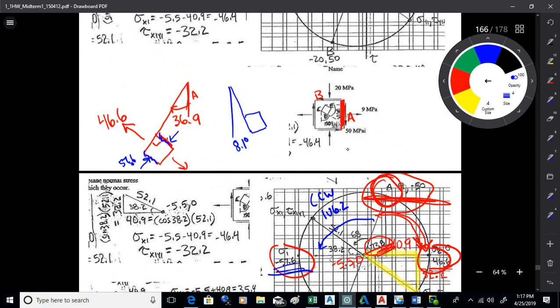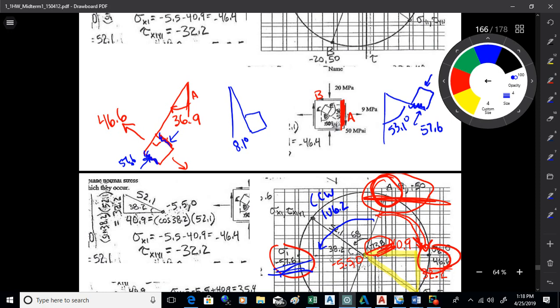I'm kind of running out of room here, but if I go counterclockwise from the A plane, half of that, so that's what, 54.1? I think I'm doing all right here. 53.1, yeah, 53.1, thank you. There we go, 53.1 degrees. Now I'm on the plane where this stress acts, and that's compression at 57.6. And that's the exact same plane as that one.